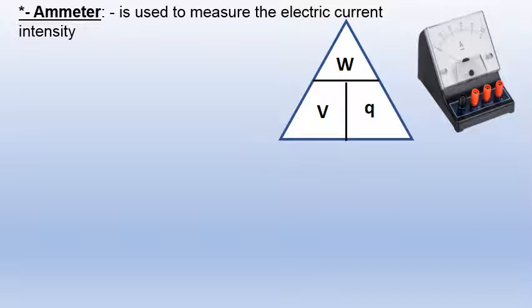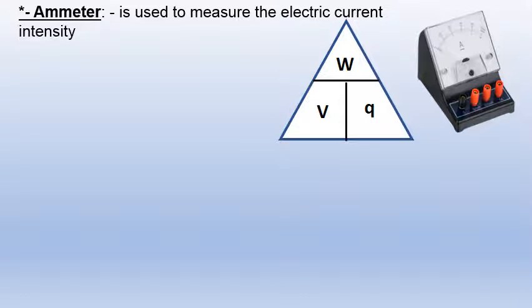When I connect the ammeter in the electric circuit, I must connect the positive one to the positive pole of the battery and the negative one to the negative pole of the battery. And I must connect the ammeter in the electric circuit in series connection.